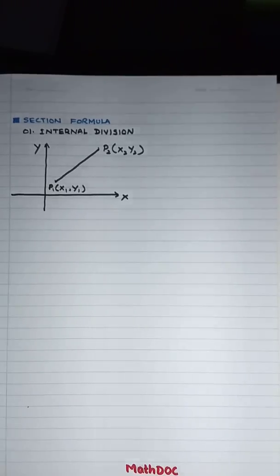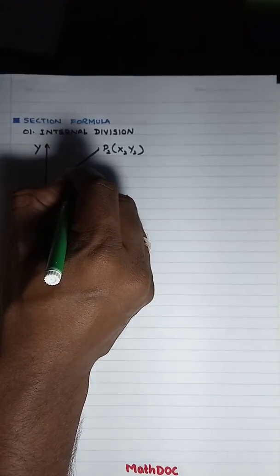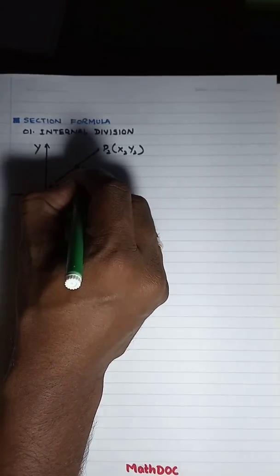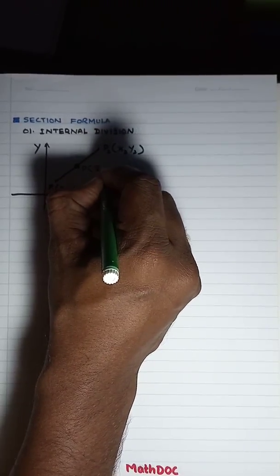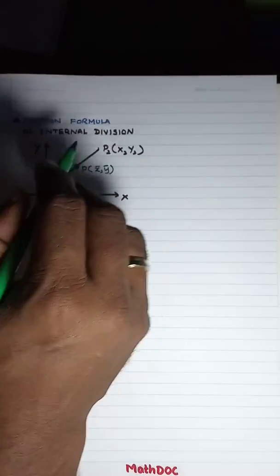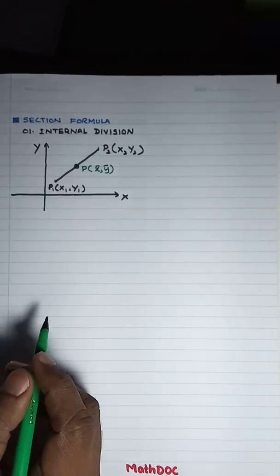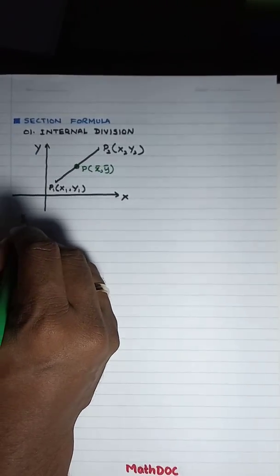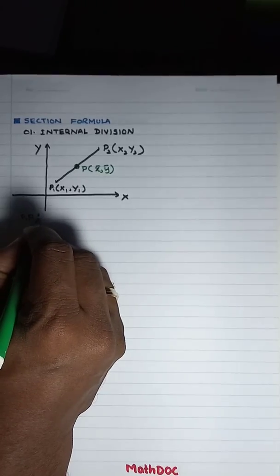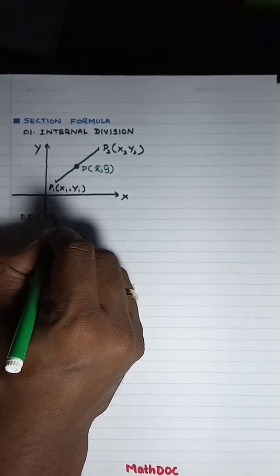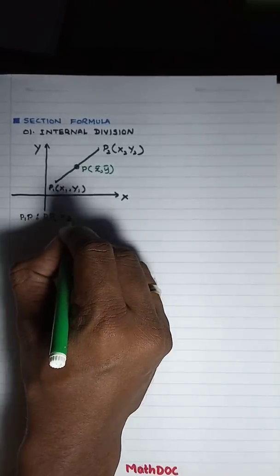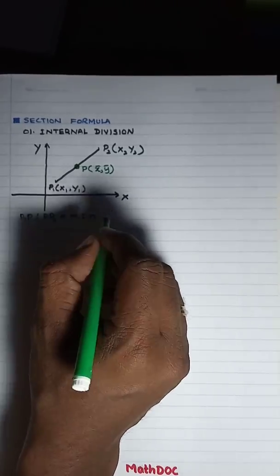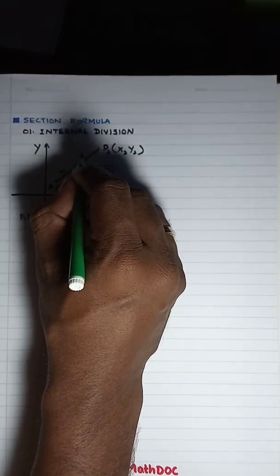I'm going to find a coordinate somewhere here. Let's say P, (x bar, y bar). Given points P1 and P2, the ratio P1P to PP2 is m to n. Here m, here n.